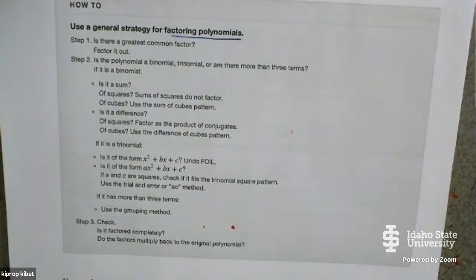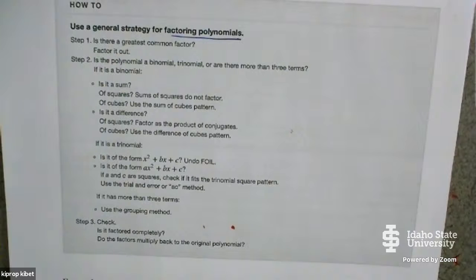Before this, you need to check whether there is a greatest common factor. So everything starts from step number 1. Step number 2 is after you do step number 1. Now, if a and c are squares, check if it fits the trinomial square patterns.